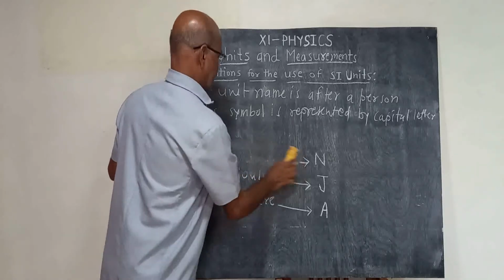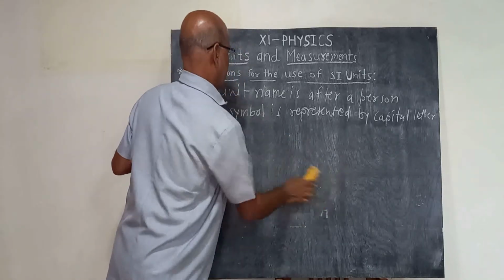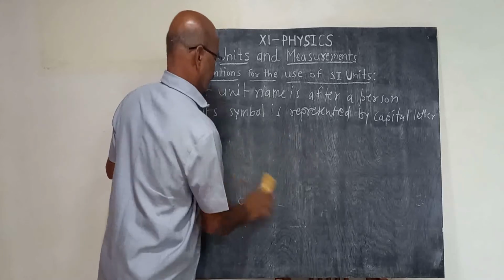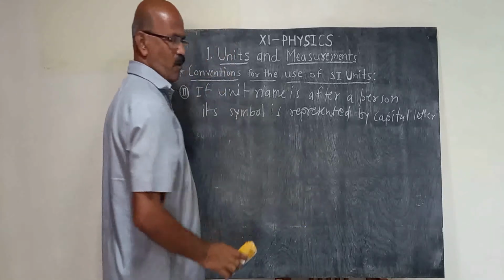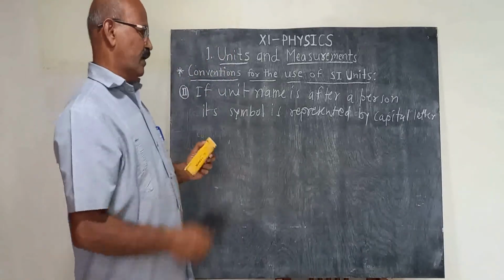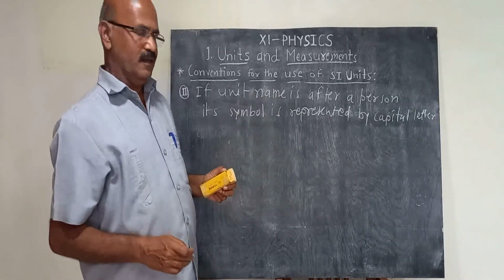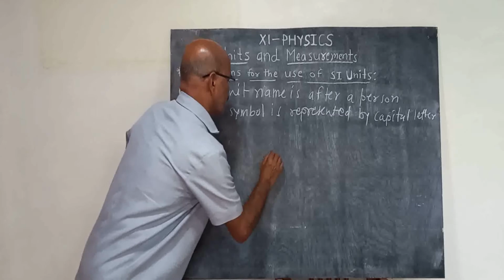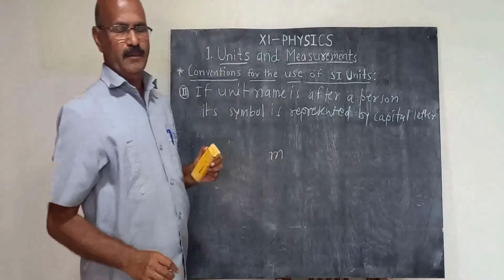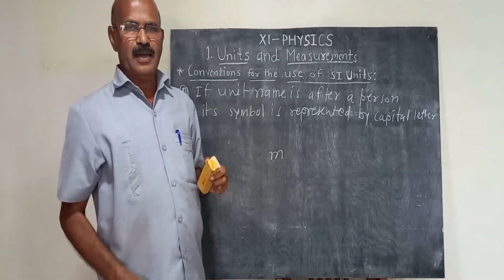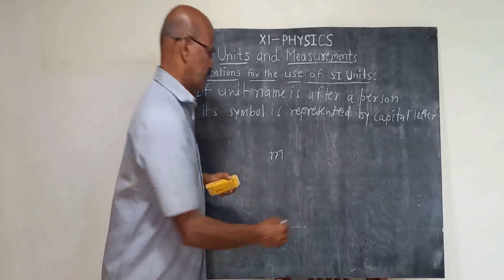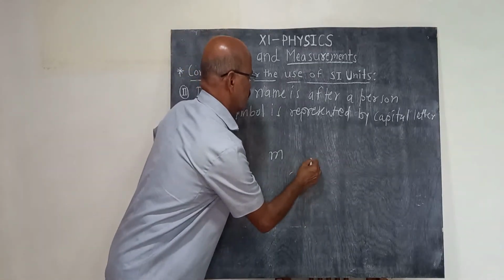And other unit names have small letter symbols. For example, the SI unit of length is meter, so its symbol is small m. The SI unit of time is second, and its symbol is small s.